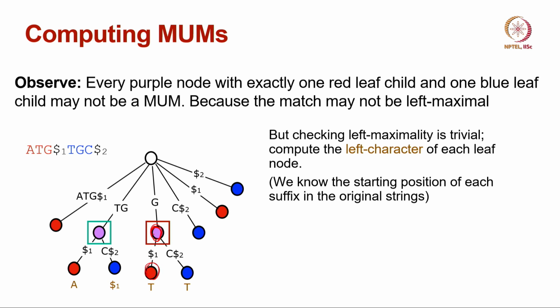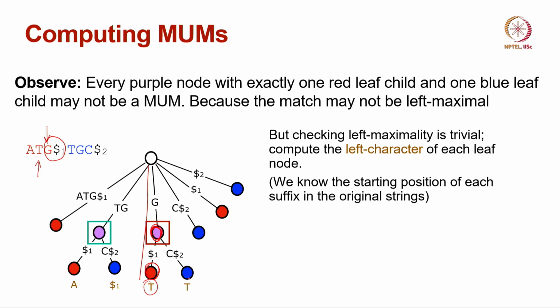From the suffix I know the starting position in the text, where the suffix starts, and I just need to look at the one left character of that suffix. For example, this particular suffix corresponds to this suffix in string 1, and because I know the starting position of this suffix by the suffix id, I can quickly check what the left character is and save it here.